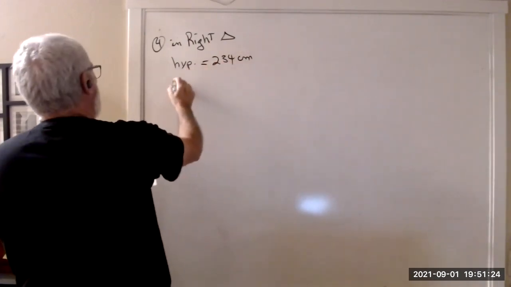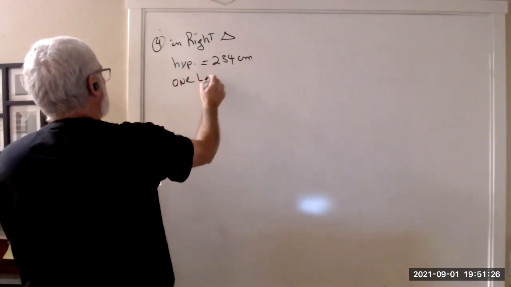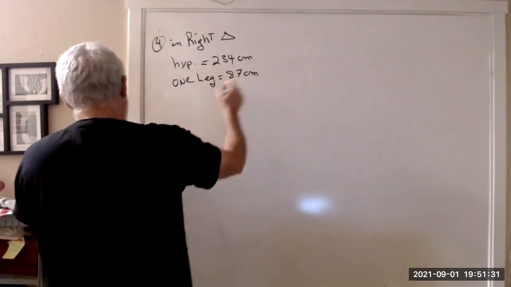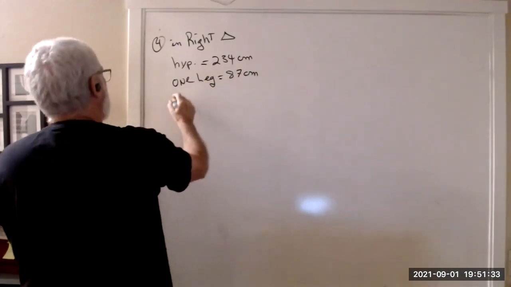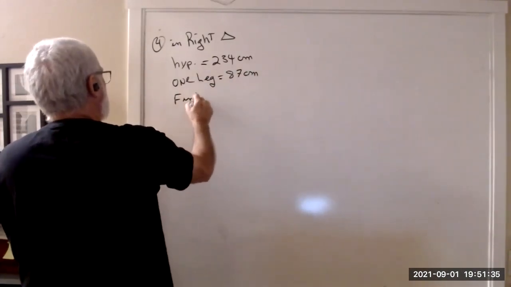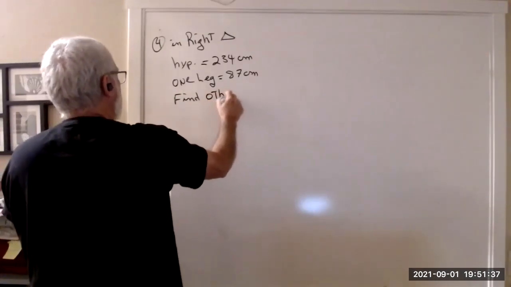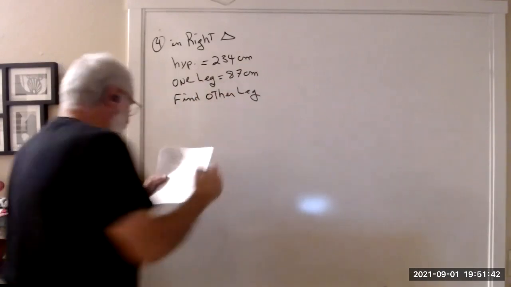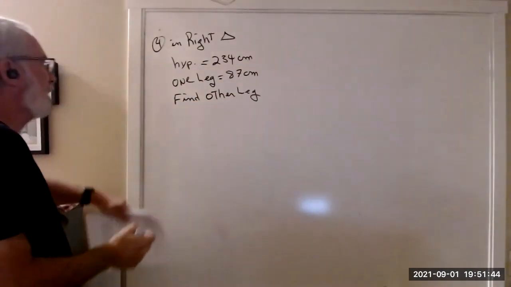One leg is 87 centimeters. Find the other leg. And it says round to the 1,000th of a centimeter. We'll worry about that later.